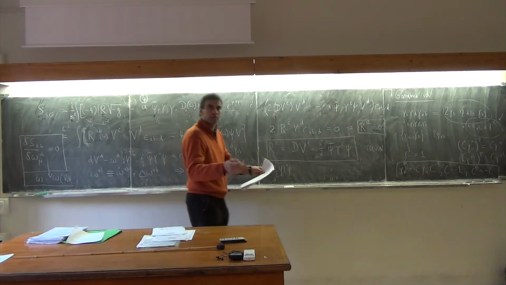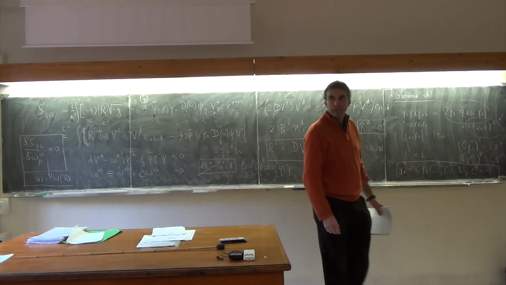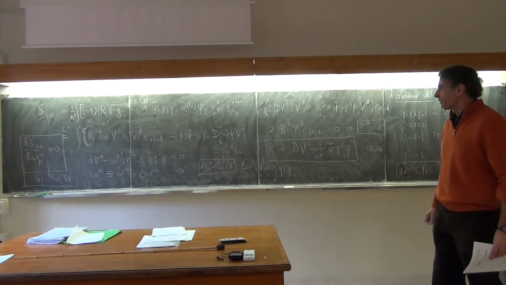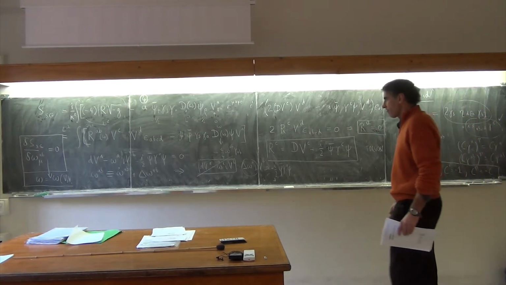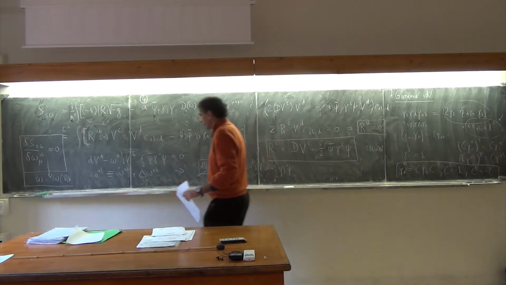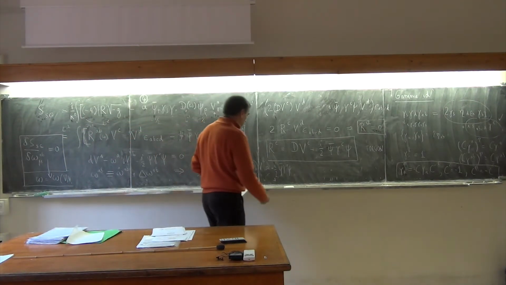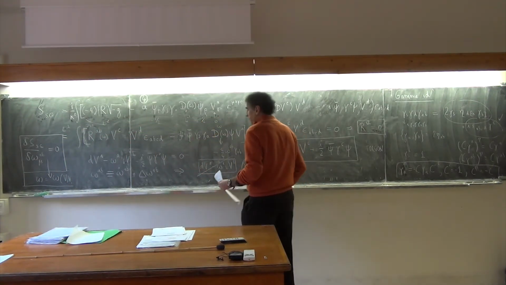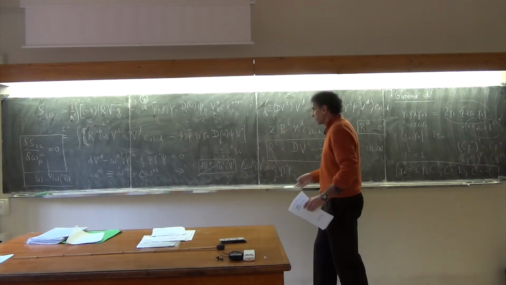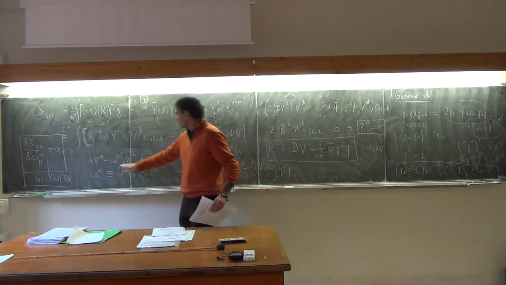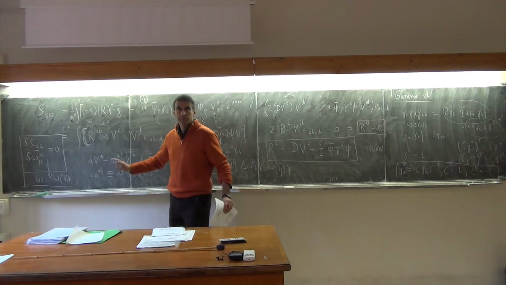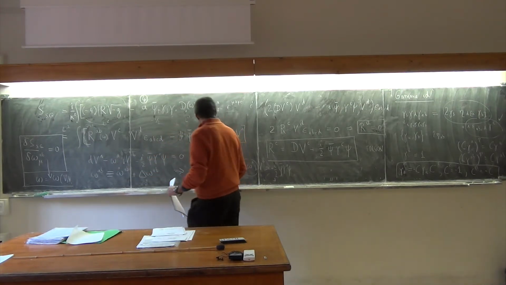It's like when you do a change of variable in an equation. By the way, this is just one way. You could solve it also directly for this. I'm just doing it like this.